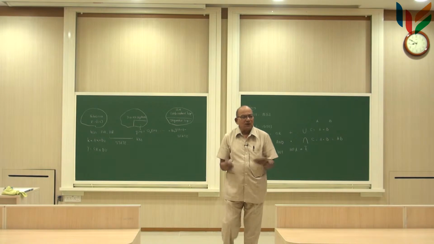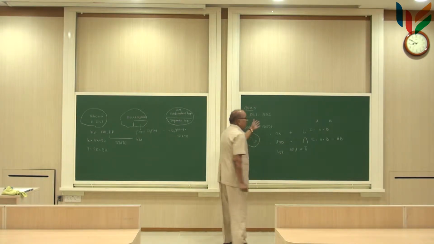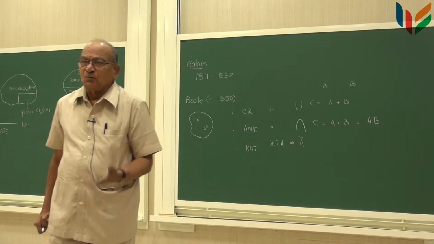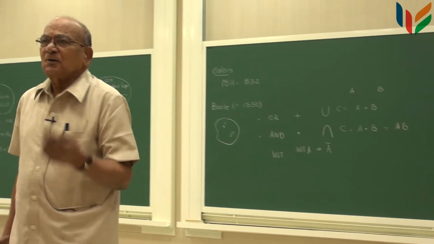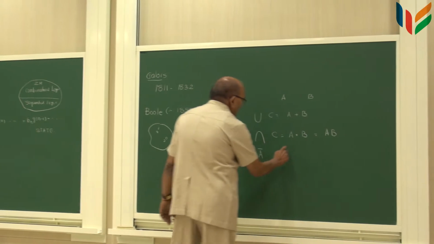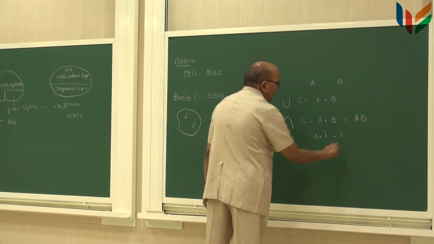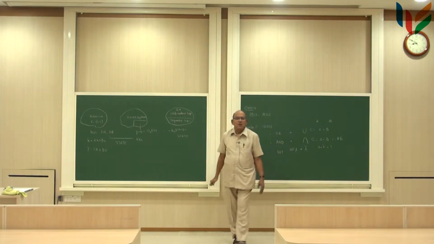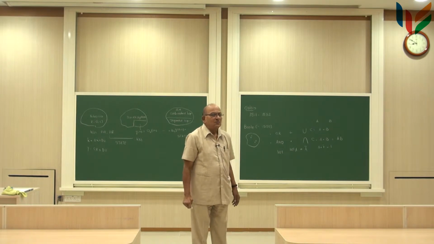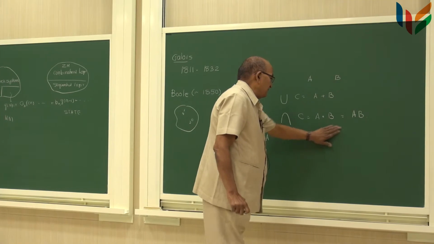This is again a fundamental property of a field, where you have to define the so-called inverse, such that A plus A bar is equal to 1. So this is the NOT operation.